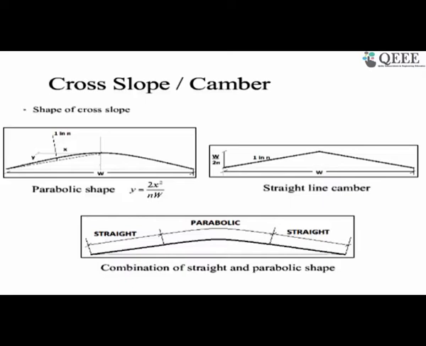So concrete pavements you will see more in a straight line camber, and if you cannot make the center like the edge, it will become a little bit parabolic. So you can see a combination of straight and parabolic camber, which is shown in the bottom. For the concrete pavement you will see the combination or the straight line camber, whereas for the bituminous pavement, you will see the parabolic camber.